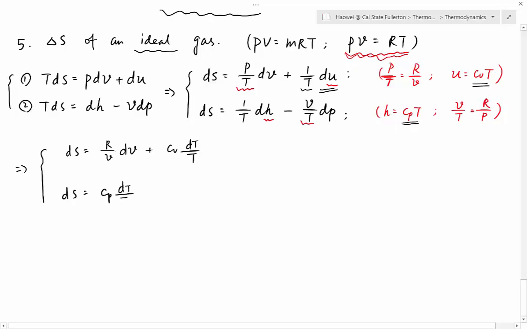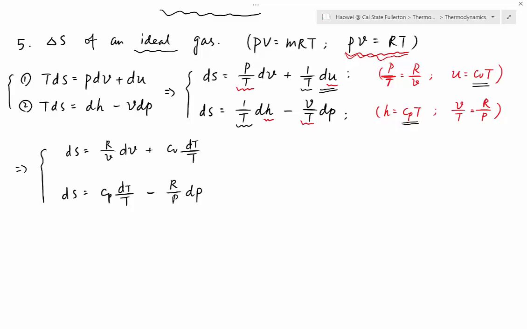And don't forget over T, because here you have 1 over T. Okay, second term, minus nu over T. Nu over T can be rewritten to R over P, and then derivative P. Okay, so now we have the two ODEs.